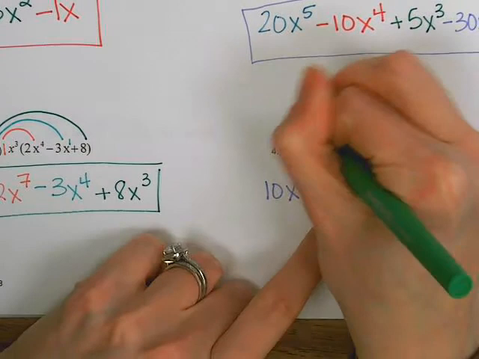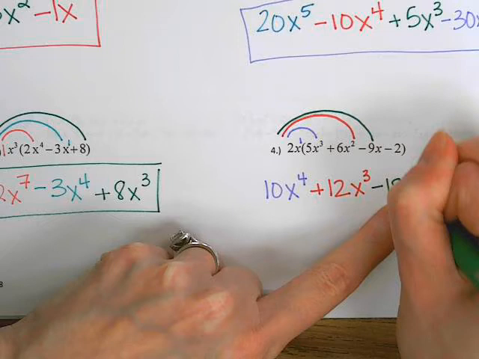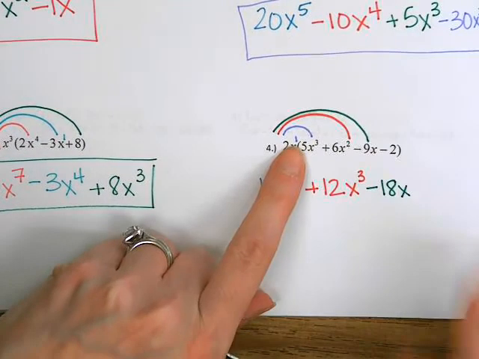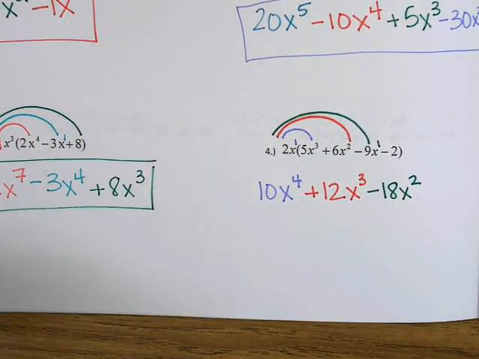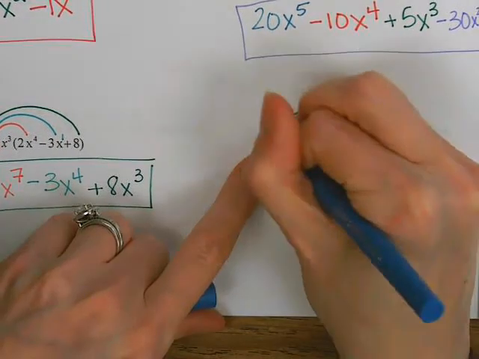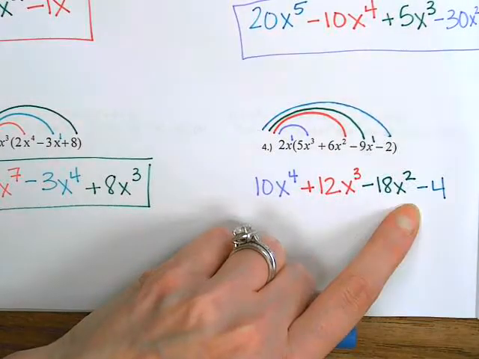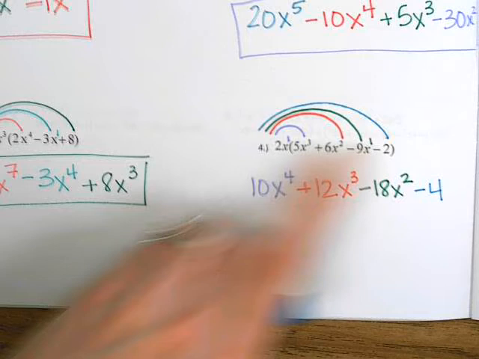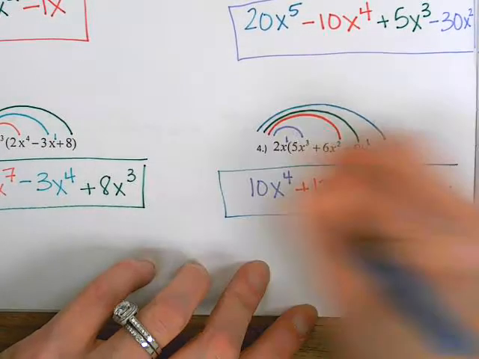Next one. 2 times negative 9 is negative 18. How many x's when you add? There's 1 here and there's 1 here, so 2 total. And then the last guy. 2 times negative 2 is negative 4. There's no x's here, so we only need the 1 that was out front.